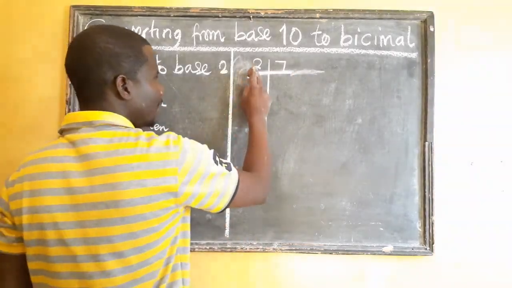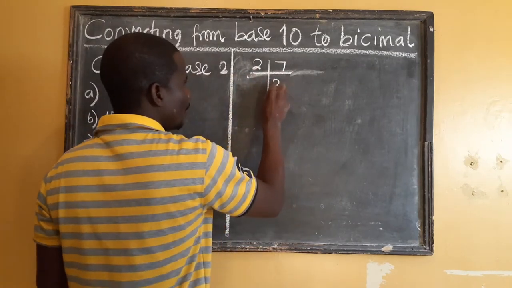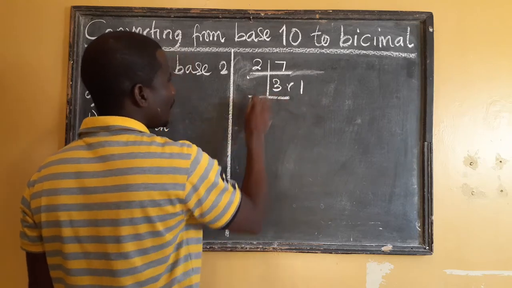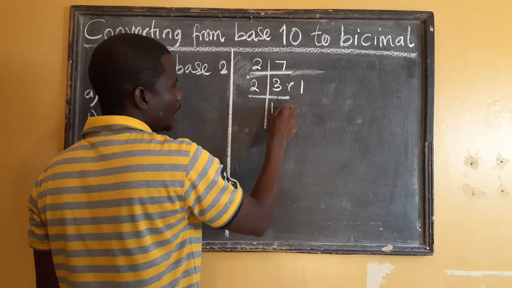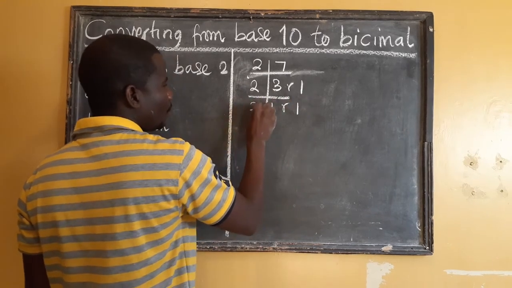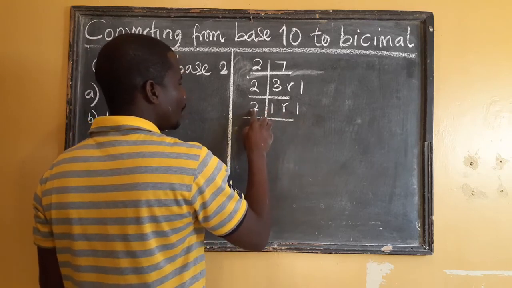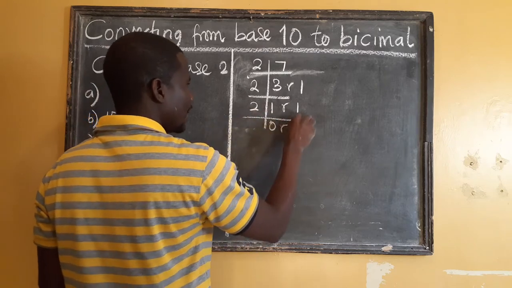So we divide 2 into 7, what do we get? We have 3, remainder 1. Then we continue, 2 into 3. It's 1, remainder 1. We continue until we have 2 into 1. It is 0, remainder 1.